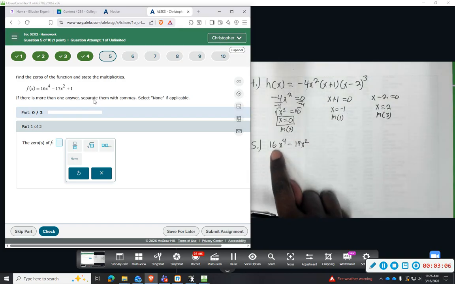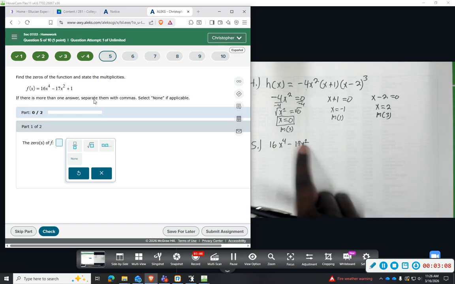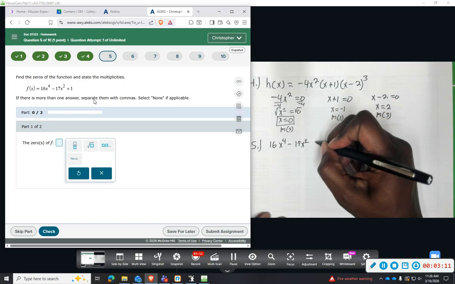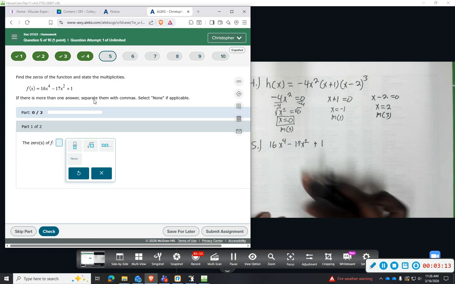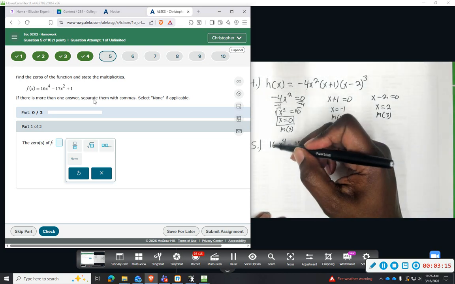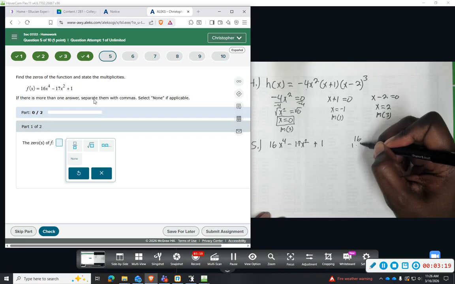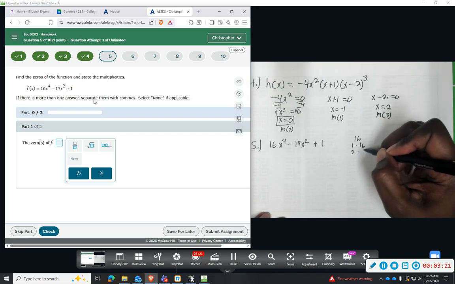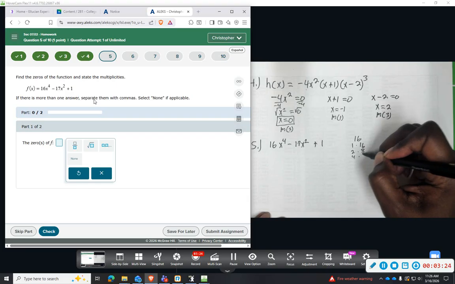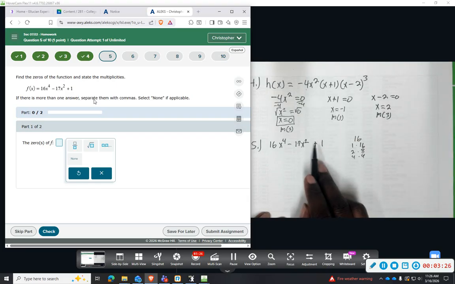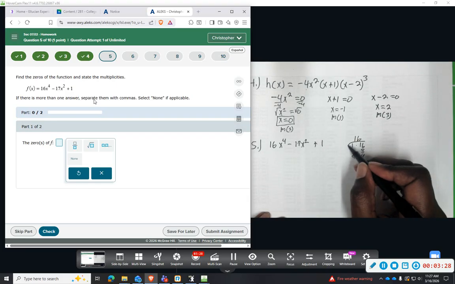The relationship between these two terms is half, and then plus 1. So this is going to be treated like a quadratic. 16 times 1, 16. Factors of 16: 1 and 16, 2 and 8, 4 and 4. We want to add to get 17. That would be 16 and 1.